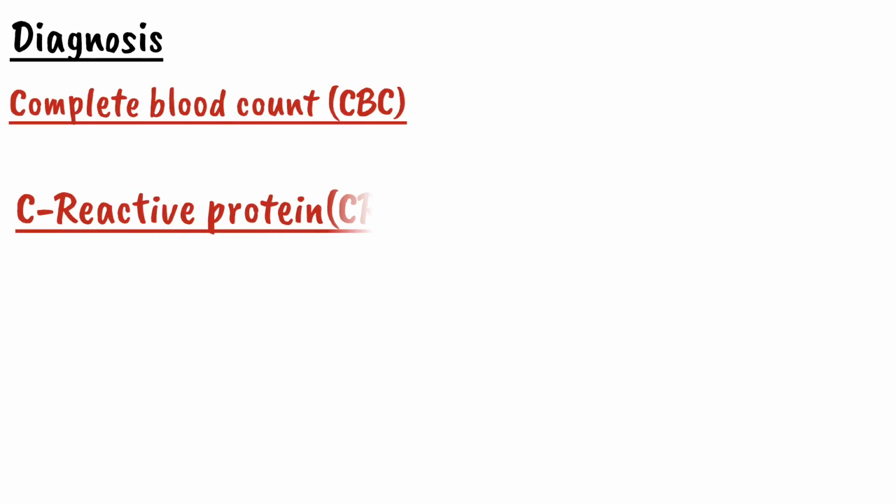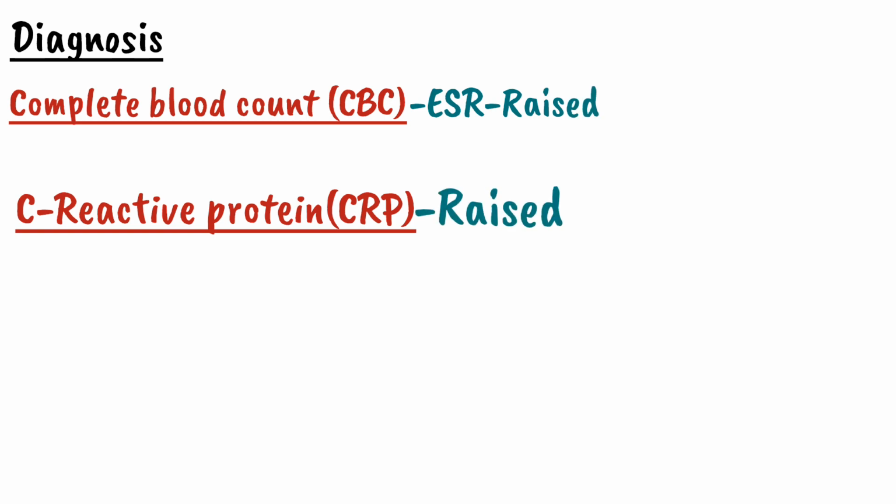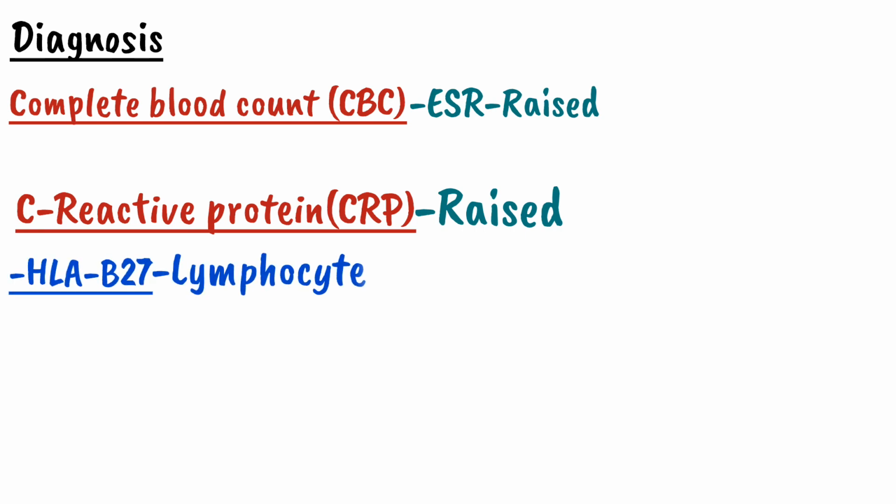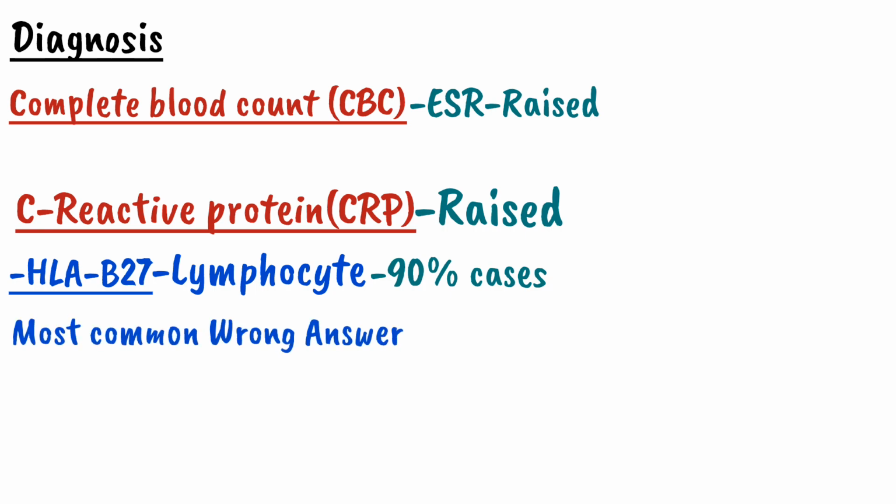Apart from radiological investigation, we can also perform a CBC test and CRP. In CBC, the ESR will be raised and the CRP will also be high in ankylosing spondylitis. HLA-B27 can also be measured in the blood lymphocytes and it is positive in about 90% of cases of ankylosing spondylitis. But remember that performing the HLA-B27 test is the most common wrong answer in the diagnosis of ankylosing spondylitis.